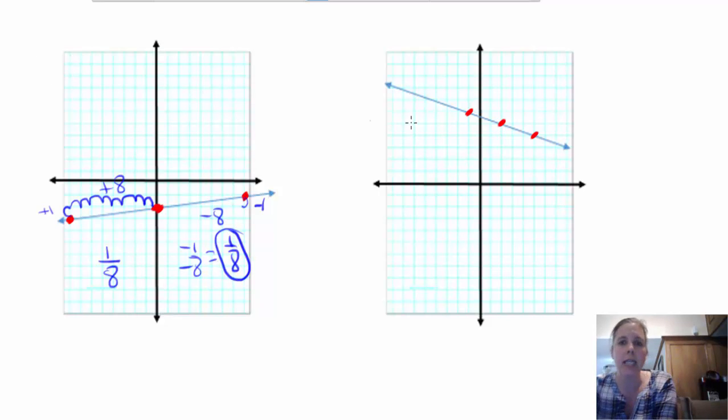Okay, now moving on to this next one. Again, you can pick any of the points. If we go down 1, and so that's minus 1, and then we're going to go to the right, 1, 2, 3, so plus 3.